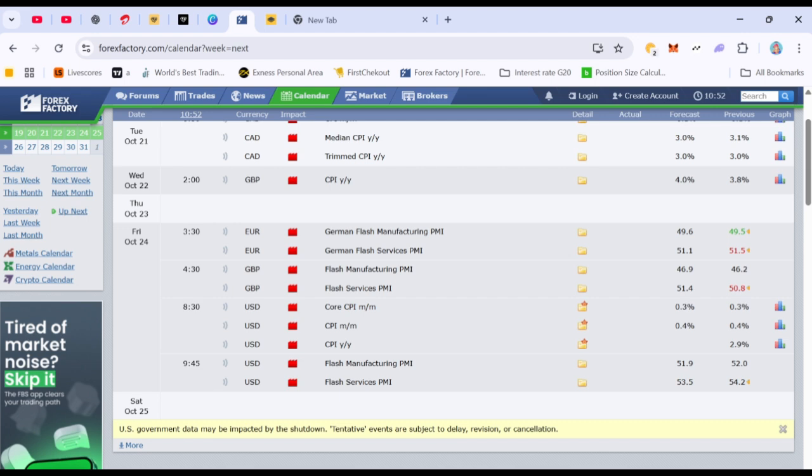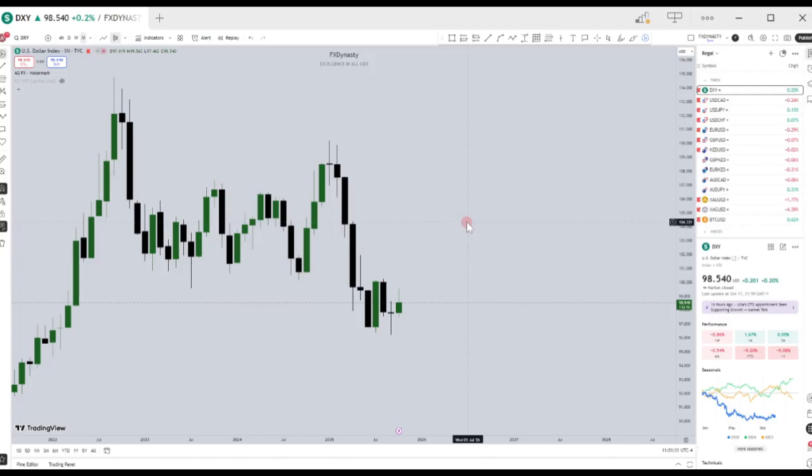So let's go into TradingView to see the pairs that we have this week and how we can approach these pairs. So guys, this is our DXY and we are starting the top-down analysis from the monthly time frame. On the monthly time frame, what I can see here is this swing low that we actually raided, and we are creating another swing low with this indecision candle.